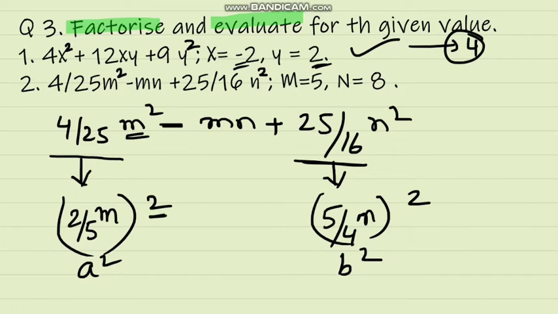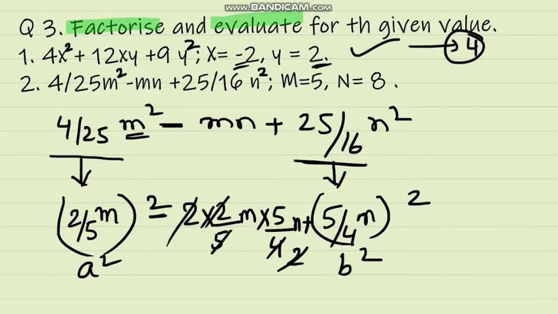Let's see whether it is coming as minus 2ab in the middle. 2 into 2 by 5 m into 5 by 4 n. 2 and 2 cancel, 5 and 5 cancel. Now you are left with m and n. So you have only mn in the middle and so we are getting the middle term.